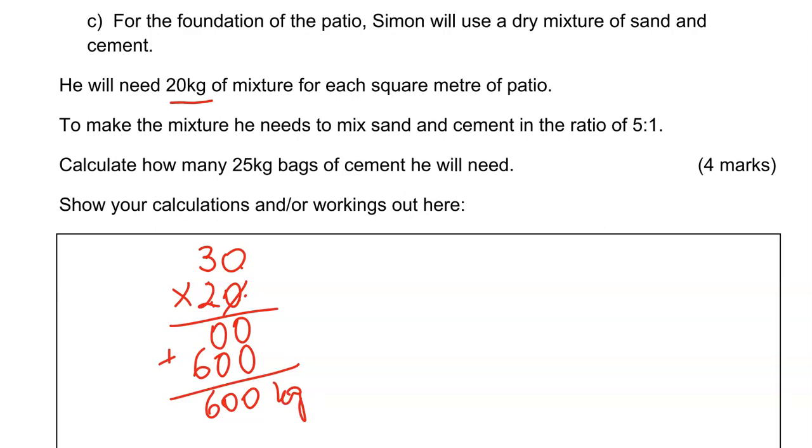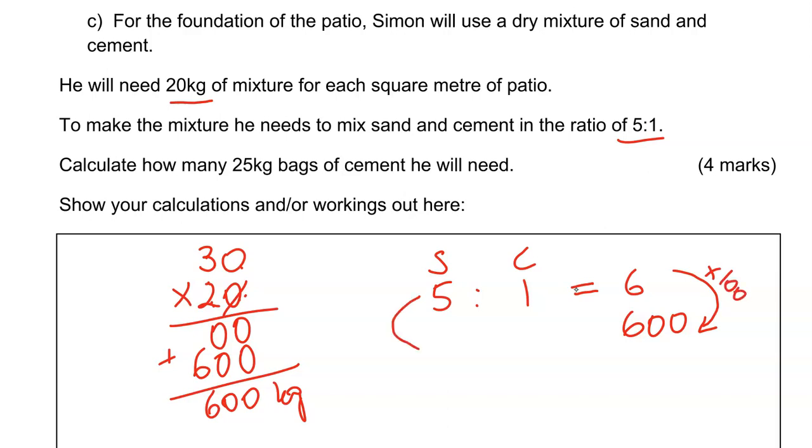And we've got the ratio of sand and cement. So that is 5:1. And this means 6 units in total. We need 600. Okay, so to get from 6 to 600, we have multiplied by 100.